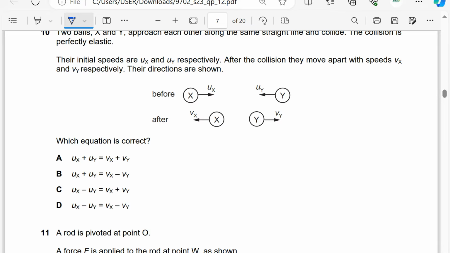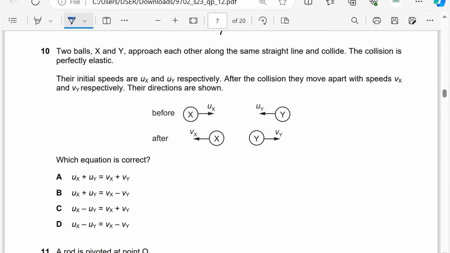Two balls X and Y approach each other along the same straight line and collide. The collision is perfectly elastic. Of course, if it is perfectly elastic, the relative speed of approach should be equal to the relative speed of separation.